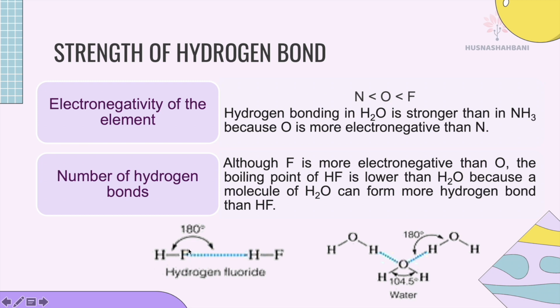But for this one, a molecule can only form 1 hydrogen bond. So that's why the boiling point of HF is lower than H2O, because H2O can form more hydrogen bonds than HF.